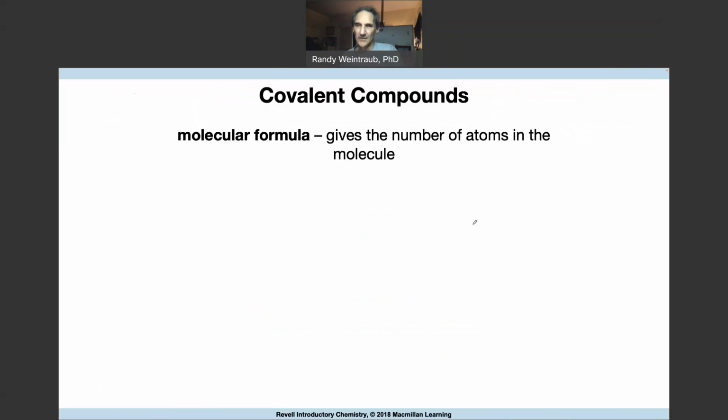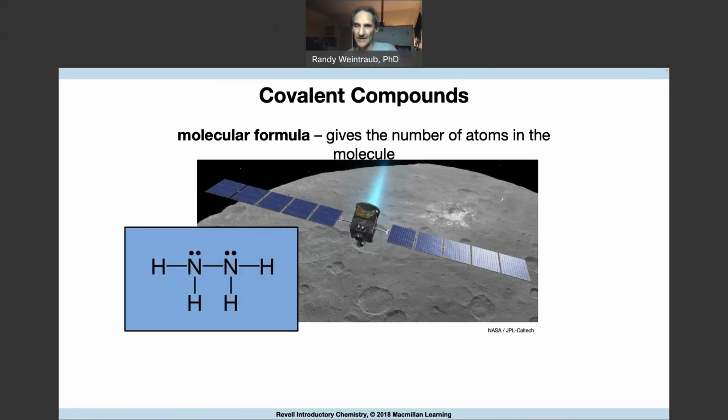We often describe covalent compounds as molecular compounds, with molecular formulas. This type of chemical formula gives the actual number of atoms rather than the simplest whole number ratio. For example, hydrazine, a rocket fuel, contains 2 nitrogen and 4 hydrogen atoms.